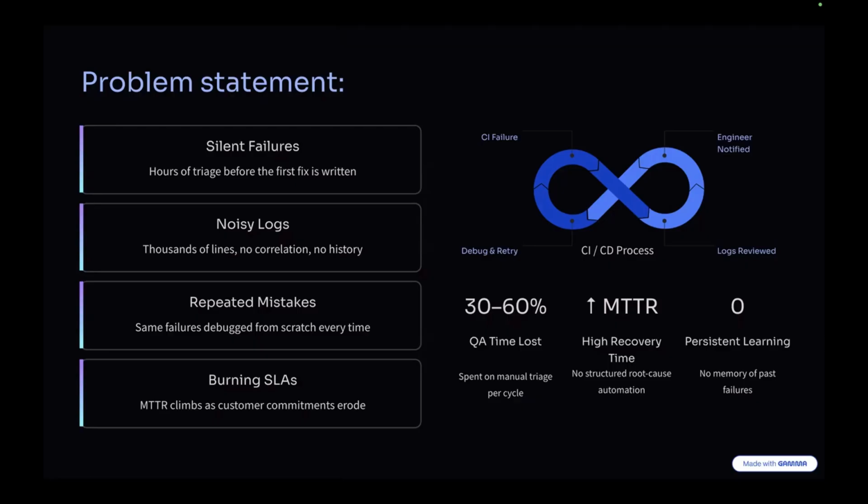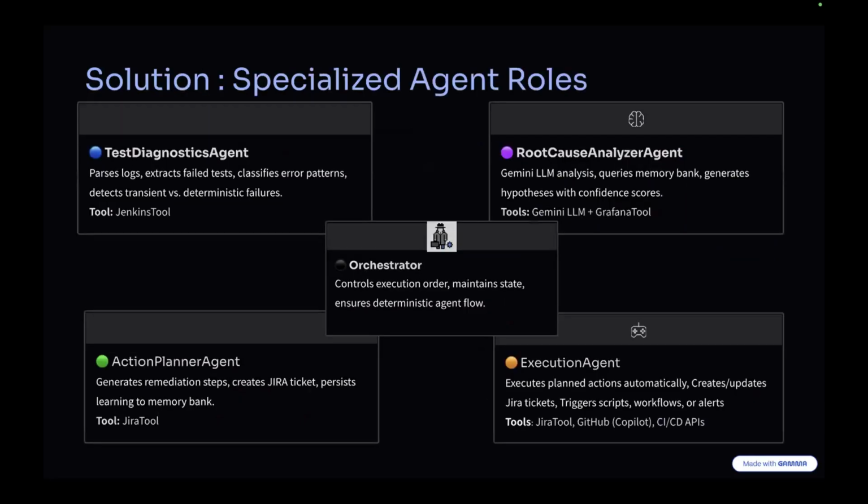We face silent failures, noisy logs, and repeated mistakes while debugging. Where Okahu comes into the picture is AI agent observability. Basically, we need to see where the agent is failing and where we can improve this architecture.